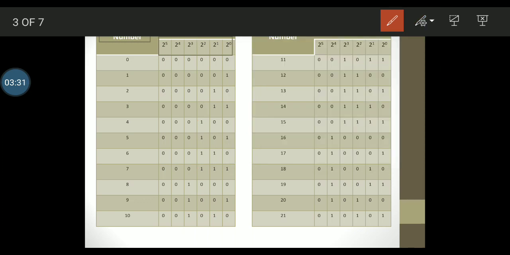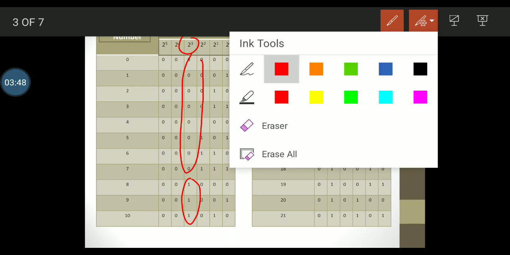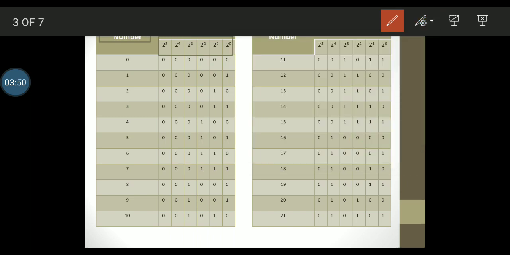The fourth column is labelled 2 raised to 3, which equals 8. So you begin by writing zeros 8 times, followed by 1 8 times. Sorry, I marked the wrong column. So 8 ones, and you alternate between 8 zeros and 8 ones respectively. The fifth column is labelled 2 raised to 4, which equals 16.